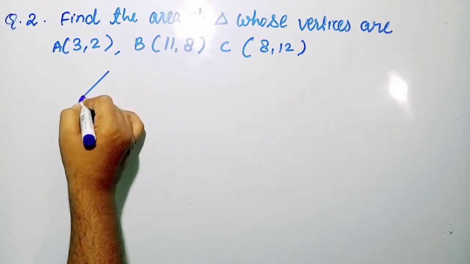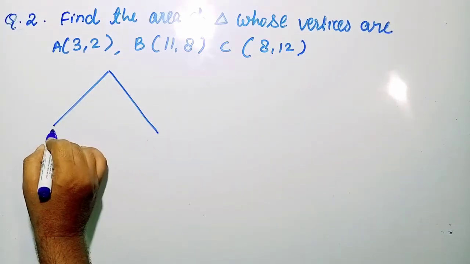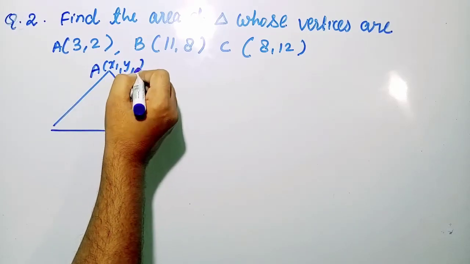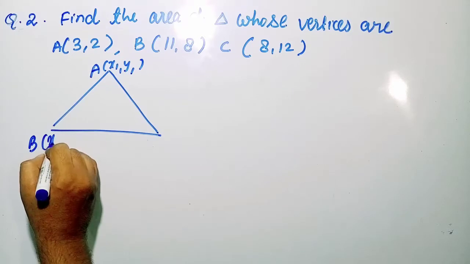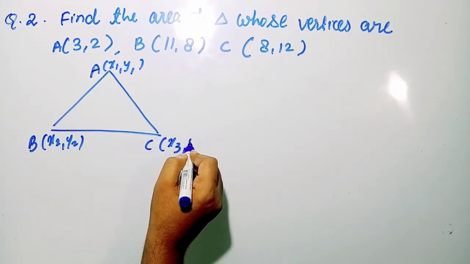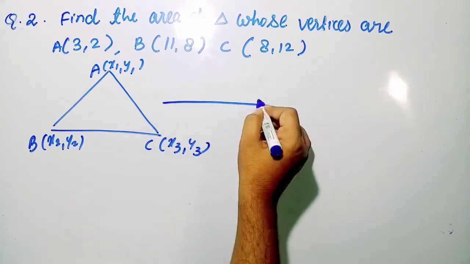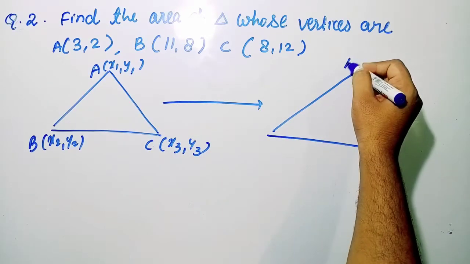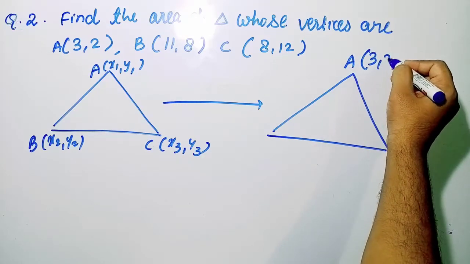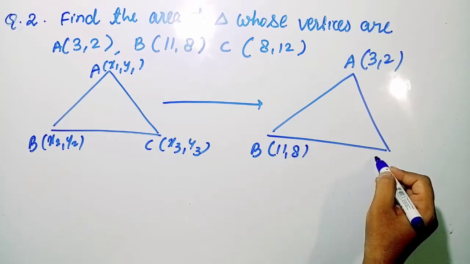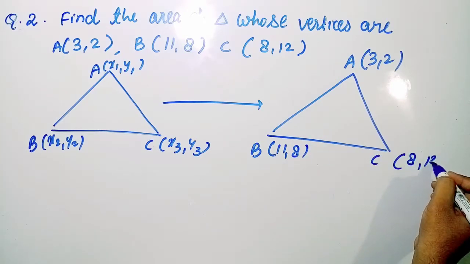So drawing a triangle having vertices A (x1, y1), B (x2, y2), C (x3, y3). Right students, so we can draw the corresponding triangle having the given vertices A (3, 2), B (11, 8), and C (8, 12).